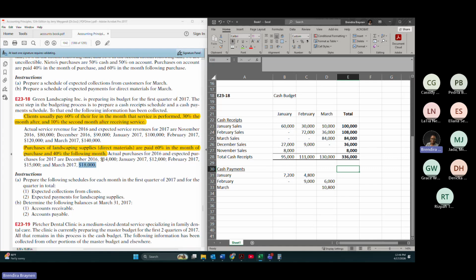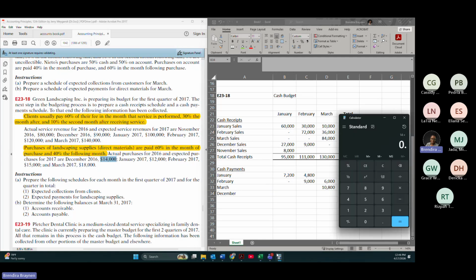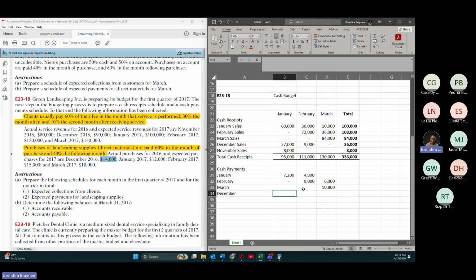If I go to December, if I charged 14,000 and I paid 60% in the month, so 60% in December, then 40% of December is going to be paid in January. So that's 14 times 0.4, 5,600 of December, is going to be paid in the month of January.